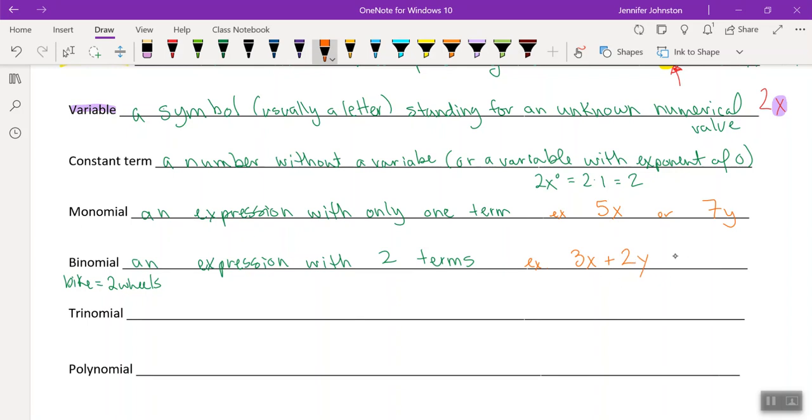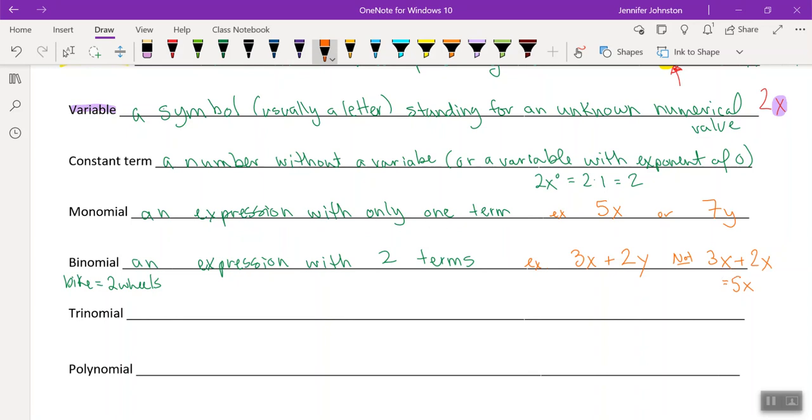What we can't have is something like 3x plus 2x. It can't be this because this would be like 3 apples plus 2 apples, which actually gives us 5 apples. And 5 apples is a monomial. That's an expression with only one term because these can go together.